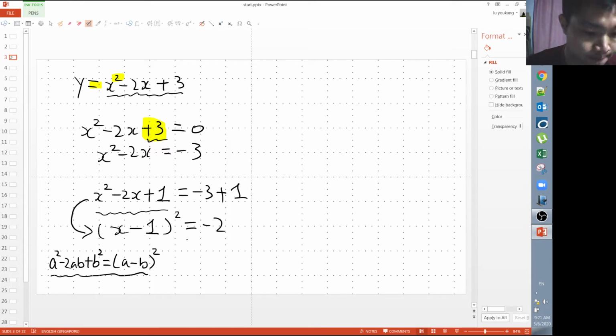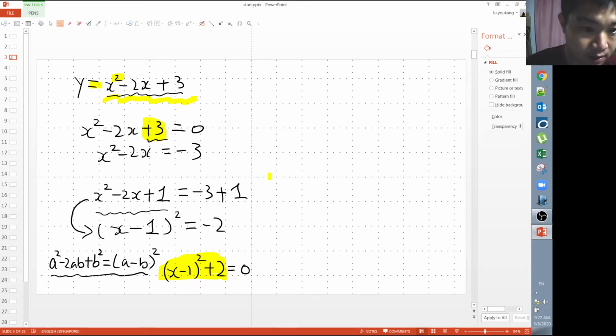Now what you need to do is bring your minus 2 back to the left hand side. So you will end up with plus 2 here equals to 0. Therefore, using a highlighter, these three terms can actually be expressed in this format by using the completing the square method.